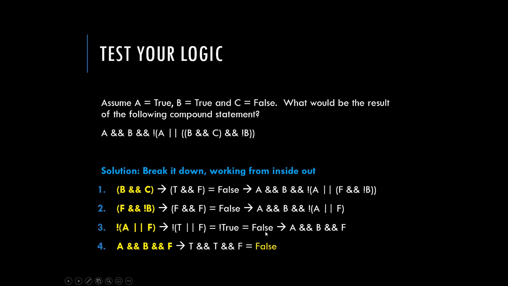Not true is false. And then again, I'm replacing that spot in our equation for the Boolean operators with false. And now we have A and B and false. Well, A and B is true, but F means false. So these are not all true, and our final answer is false.